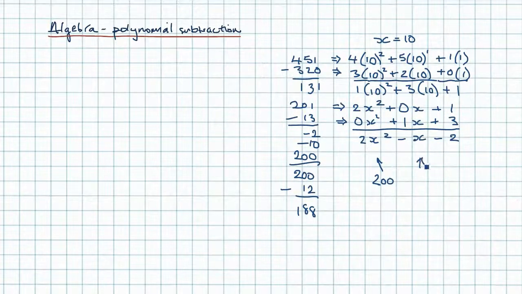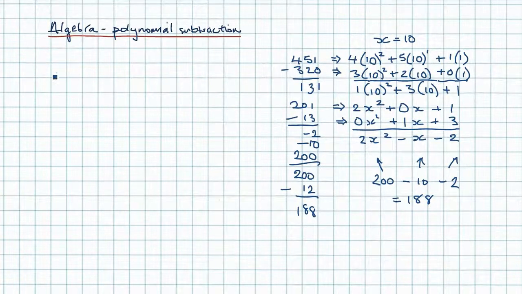Here we've just got 10, so subtract 10, and here subtract 2, giving us again the total of 188. So working in conventional numbers and showing you that this borrowing method is peculiar to the decimal methods that we use, that standard algorithm doesn't apply here, hopefully introduces us to what we do with polynomials.